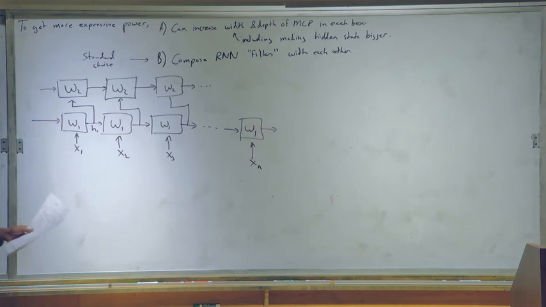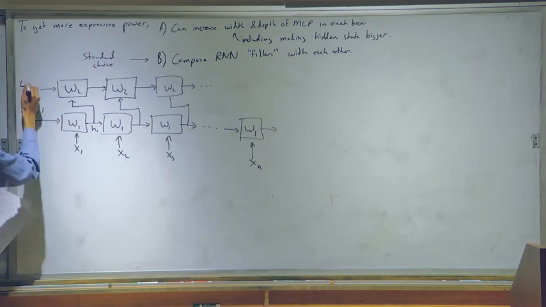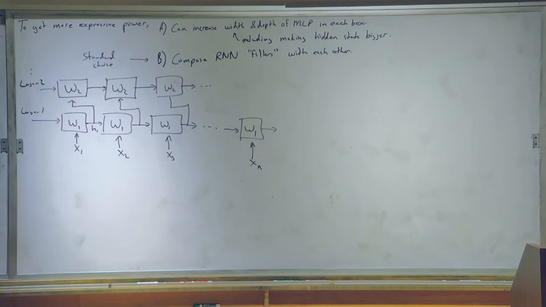So the tradition in RNNs is to call these layers. So this is layer 1, this is layer 2, and so on. You can stack them vertically, and that's the composition of filters.